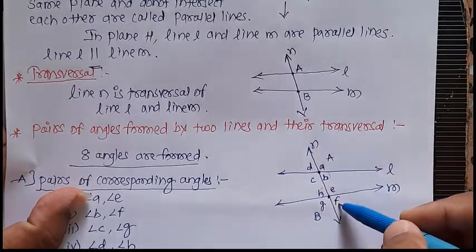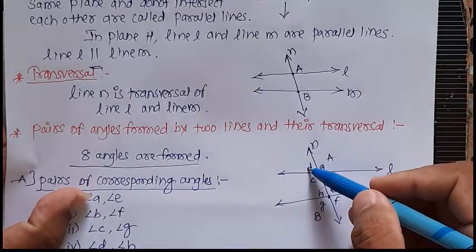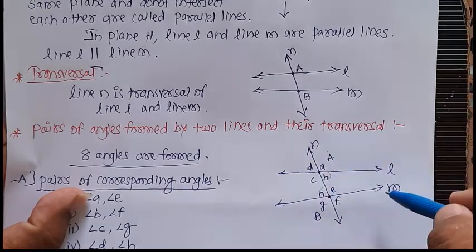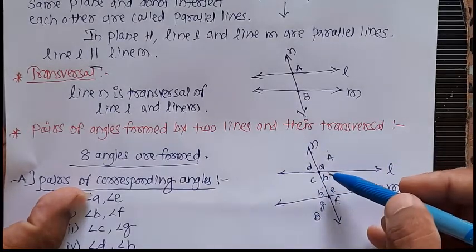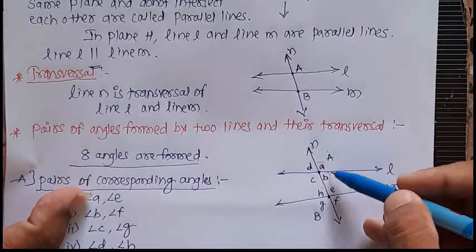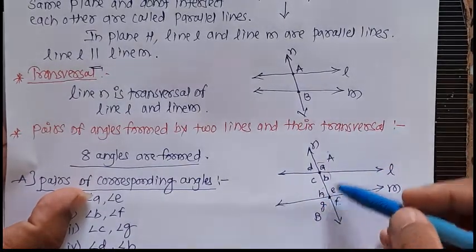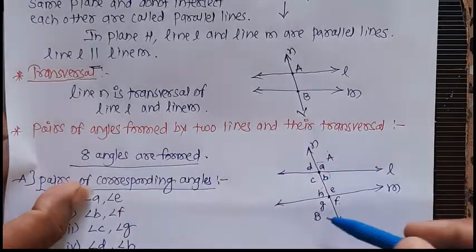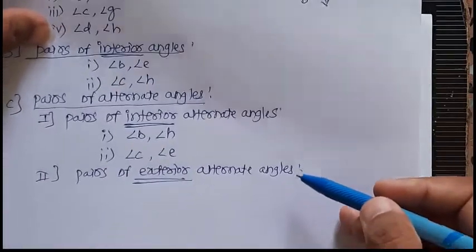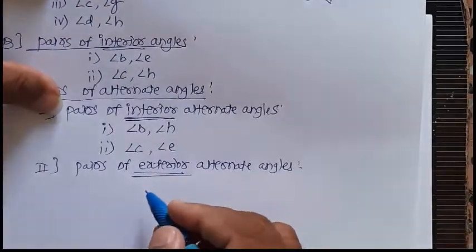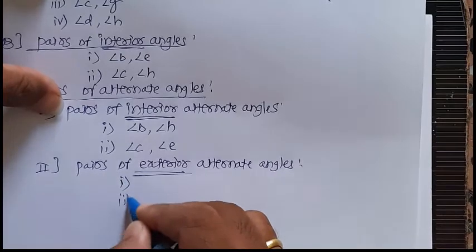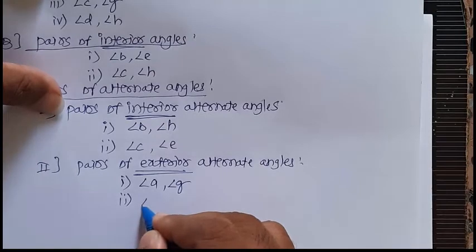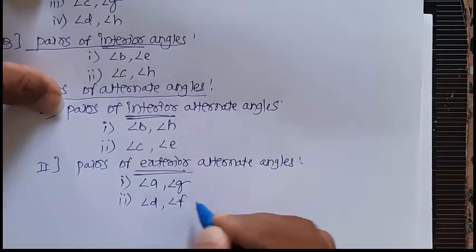A, F, G and D. So these four are exterior, and four are interior, of line L and line M. Here two pairs will be angle A, angle G, and angle D, angle F. These are the two pairs we have to obtain. So here, the two pairs of exterior alternate angles are angle A, angle G, and angle D, angle F.